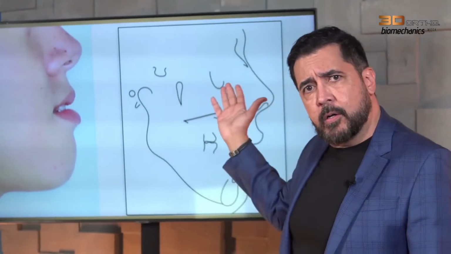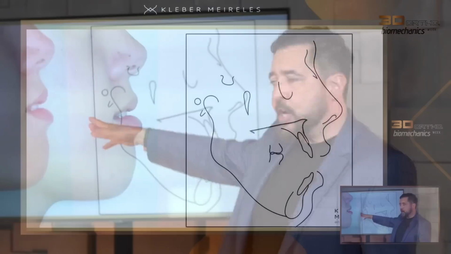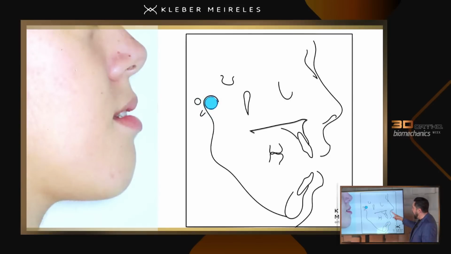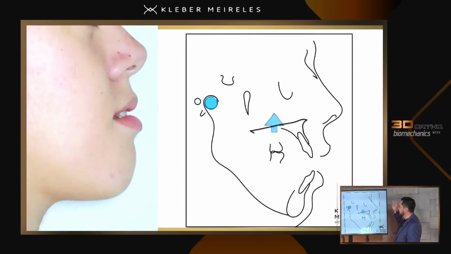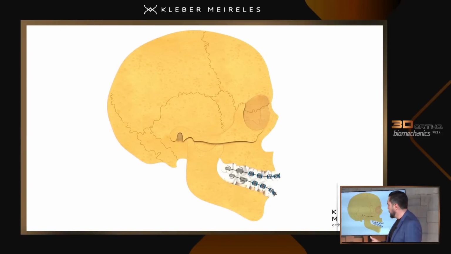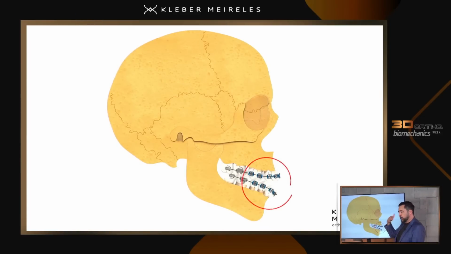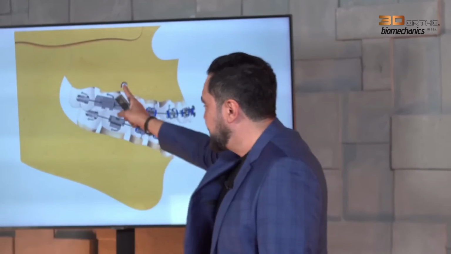I did it wrong. I had my share of doing many things wrong in class 3 patients, rotating the mandible up and forward. In the past, for example in the 2000s, we did that a lot. Because of the new tool that we had, the mini screws, we usually did it by closing the bite.